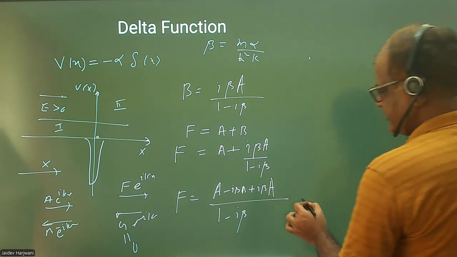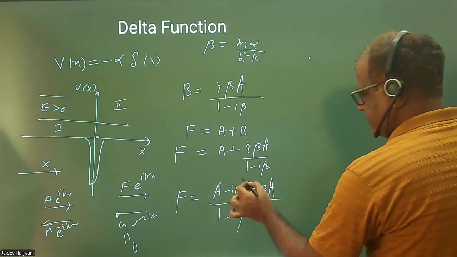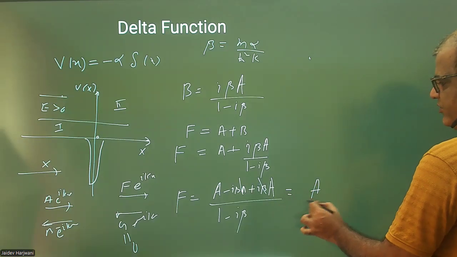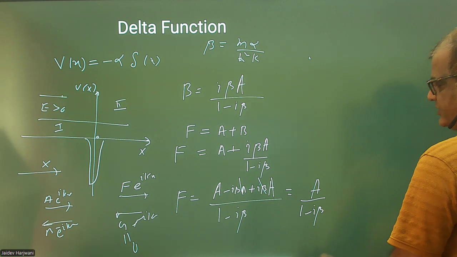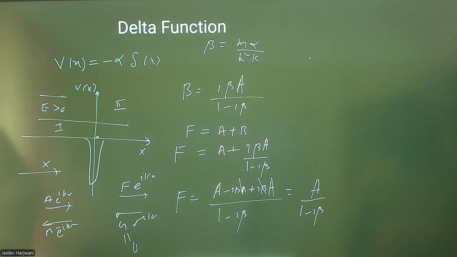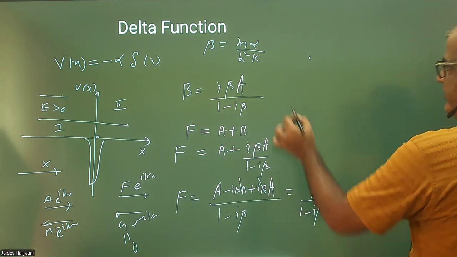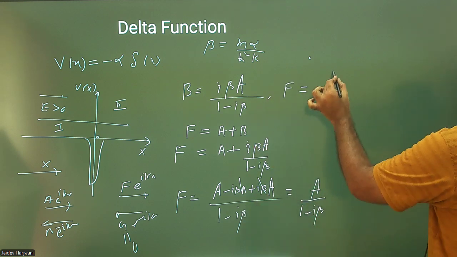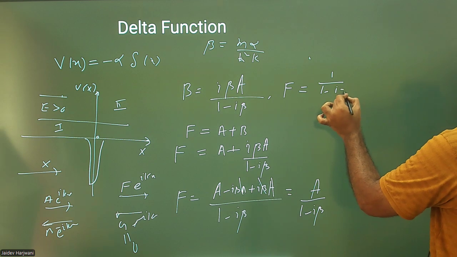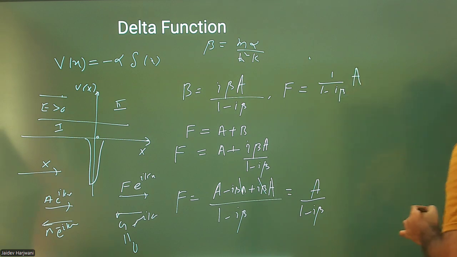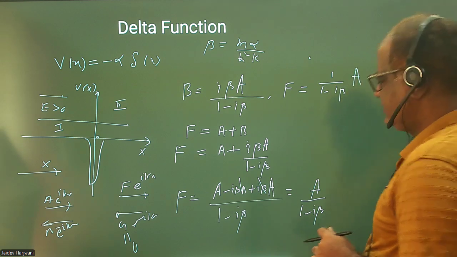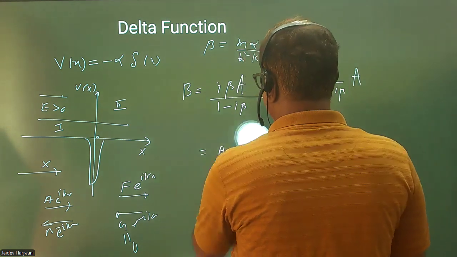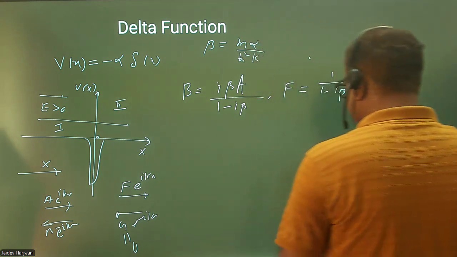So these two terms cancel out. So it is simply a upon 1 minus iota beta. So f is 1 upon 1 minus iota beta into a. So we have a relation between a, b and f.